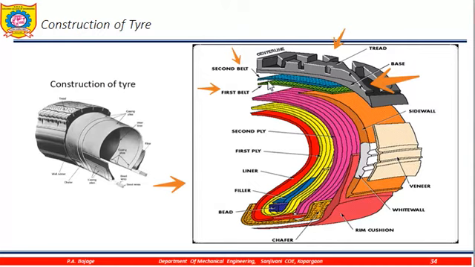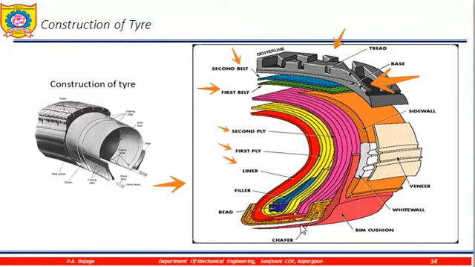These are generally steel belts. Now again, in between that you have the plies. You can see this is the second ply and this is the first ply. Two plies, again two belts, the base and the tread on that. In between that you have the liner.